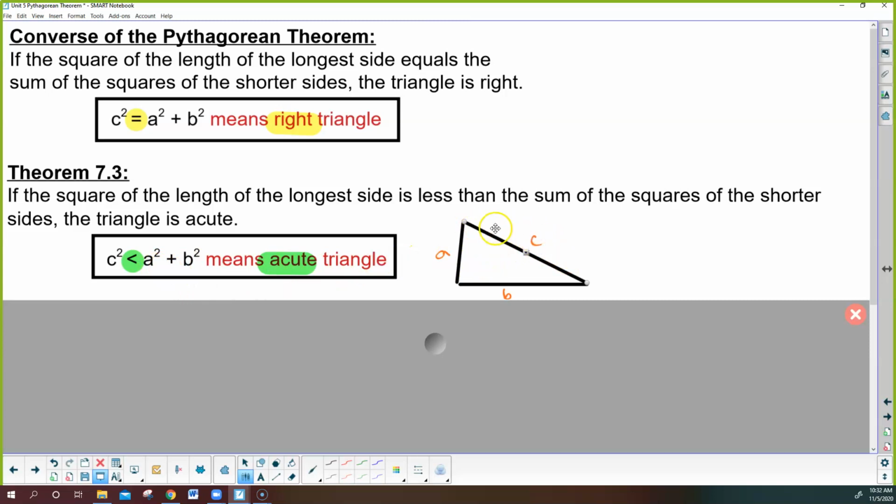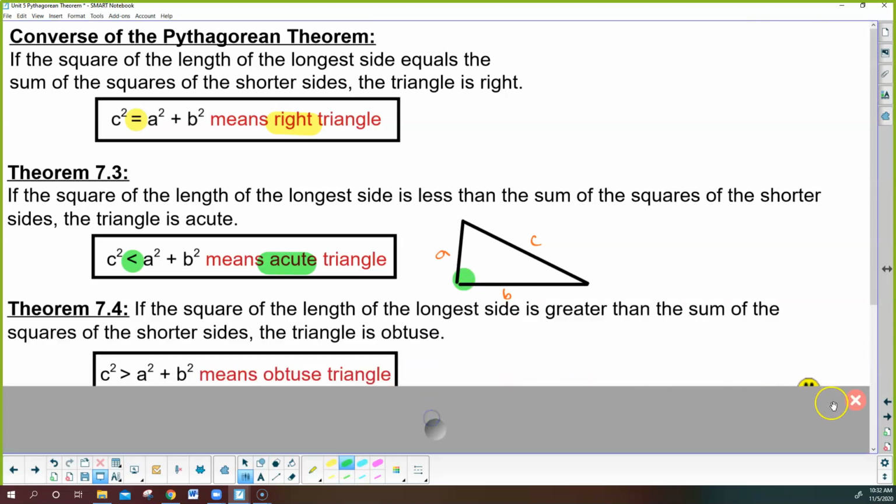Well, what happens then is this third side isn't long enough. So notice, if this was a right triangle, it would have to be a 90-degree angle here, and C would have to be longer. But in this case, C is shorter, and if C is shorter, then A has to move toward it, and it changes this angle right here. Instead of being 90, it's less than 90. So then we have an acute angle right here.